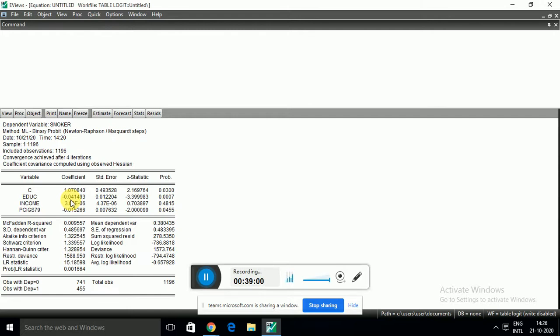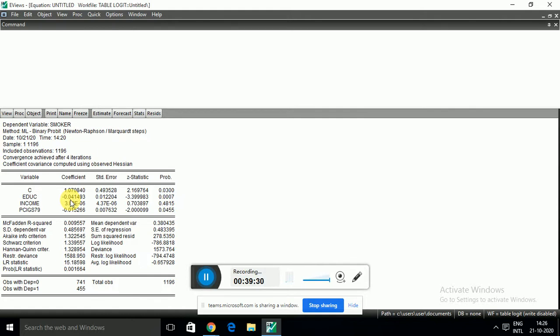In what way am I trying to capture the non-linearity? Please listen to this carefully. What is the definition of the odds ratio? If I'm looking at the education odds ratio, it gives me the ratio for one unit. Given education, what is the ratio of a particular person smoking or not smoking?